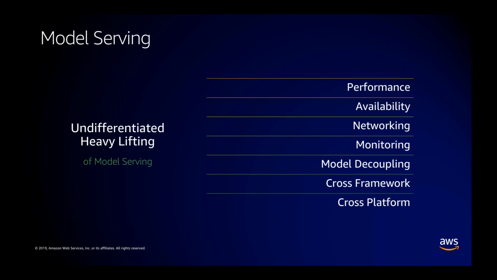Monitoring tools are really important as well to be able to see how the model is scaling, to see whether we need to increase resources or not. And then we want to be agnostic to a number of different things, such as the model itself. We don't want to reinvent the wheel for just a slightly different variant of a model. We want this to work across frameworks, not just for TensorFlow, MXNet, or PyTorch, for example. And we want to be able to work cross-platform so that we could look at deployments on the cloud, and we could also look for deployments on edge.